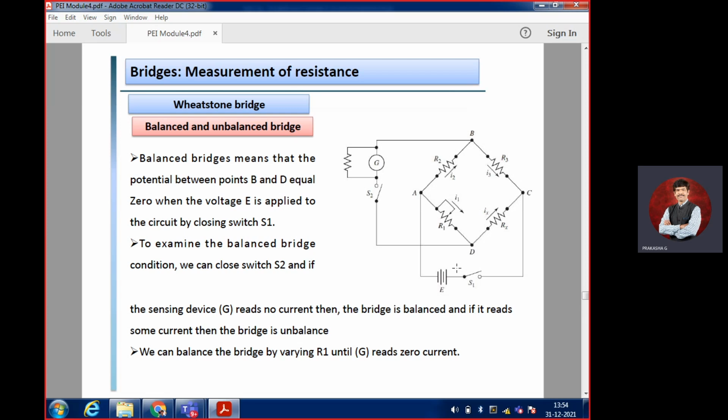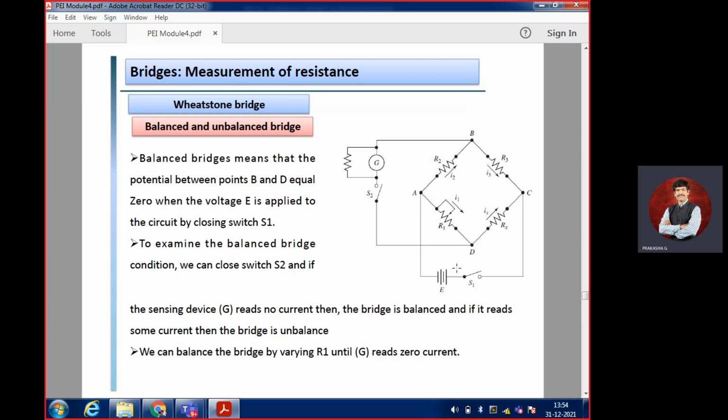To examine the balanced bridge condition, we can close the switch S2. If the sensing device reads no current, then the bridge is balanced. If there is some current, it is unbalanced. If the current is 0, we say it's a balanced circuit. We can balance the bridge by varying the R1 value until G reaches 0 current.